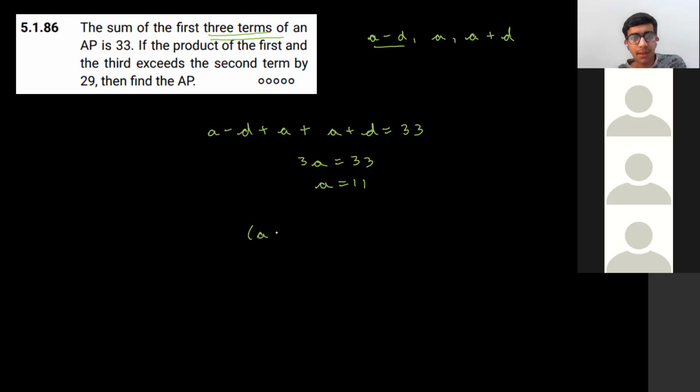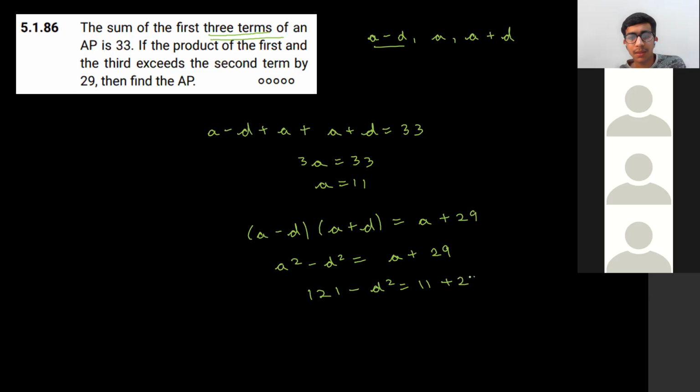First term is A minus D, the third term is A plus D. So it's A square minus D square is equal to A plus 29. So 121 minus D square is equal to 11 plus 29.